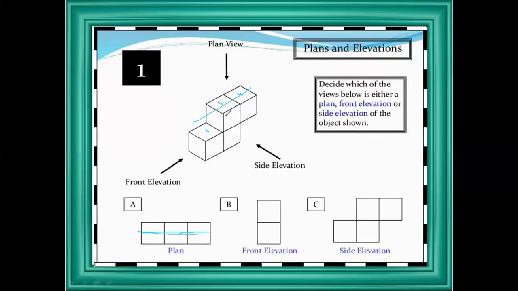If you look at this side, there are 4 in a Z formation, right? So this is like a letter Z in here. So we have here this side elevation. And of course, if this is the front, if you look at it, there are only 2 squares. So that is why we have here the front elevations.